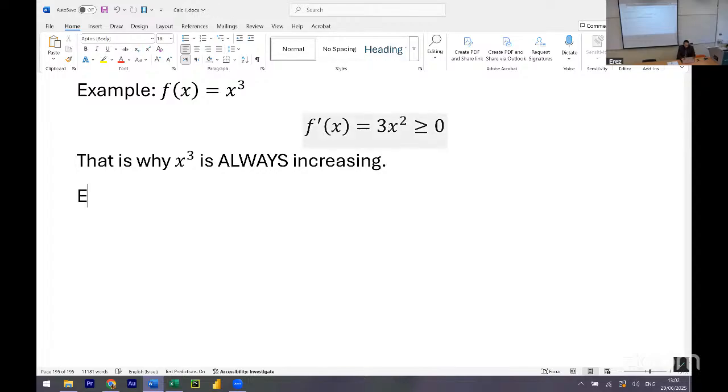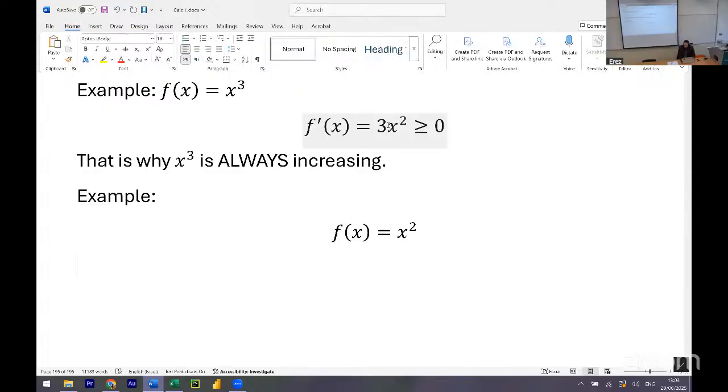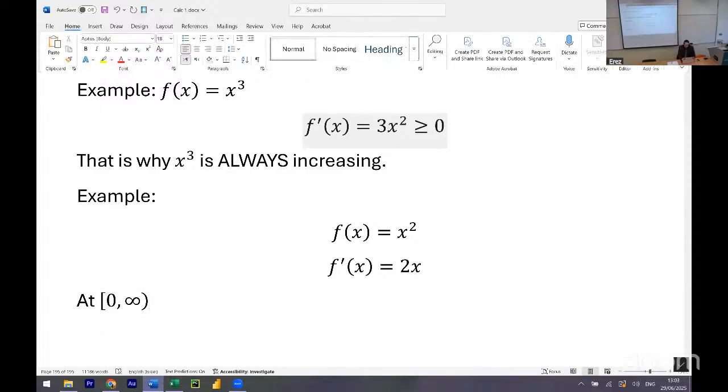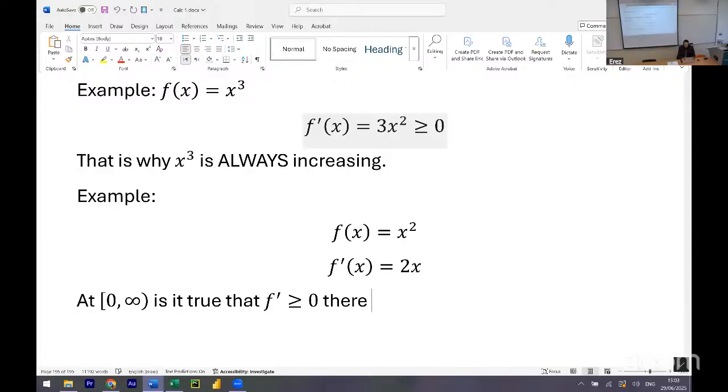Another example, f of x equals x squared, and f prime of x is 2x. From 0 to infinity, it is true that f prime is larger or equal to 0, therefore f is increasing.